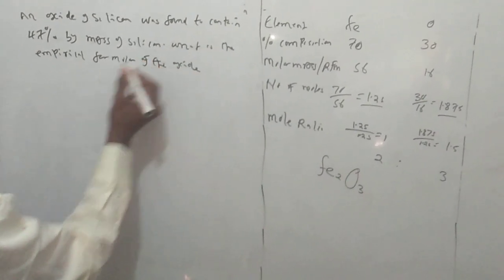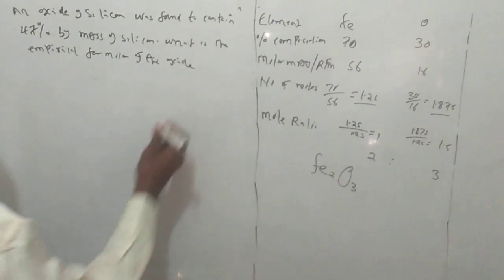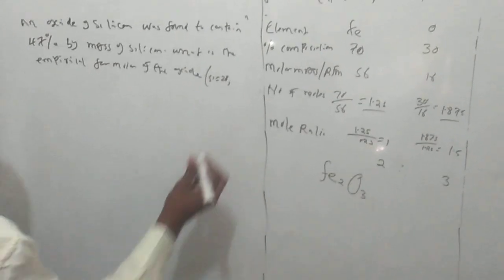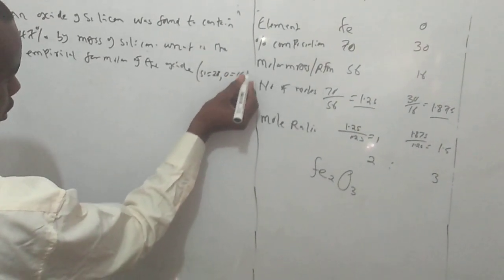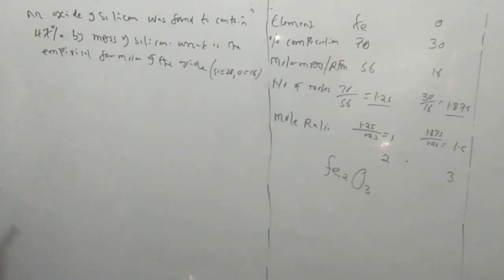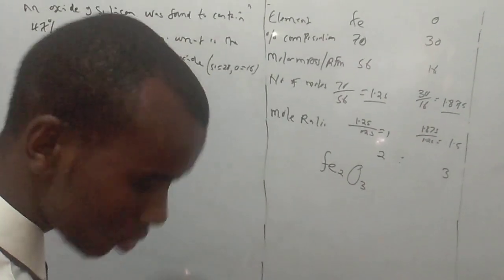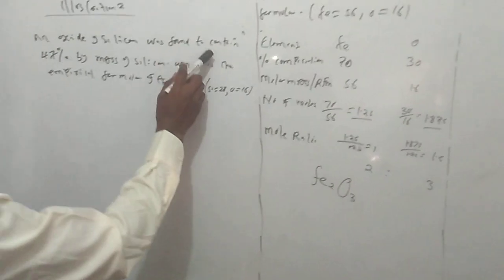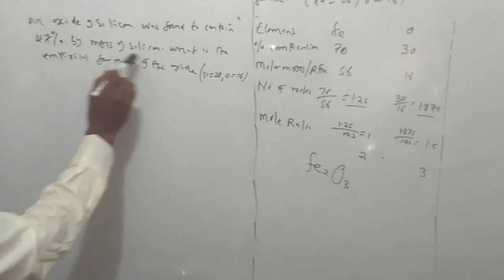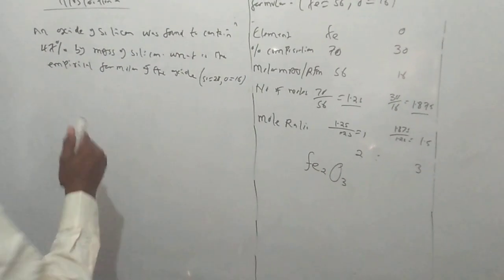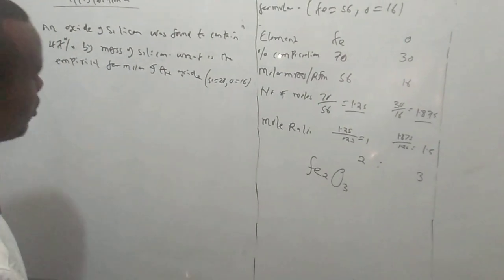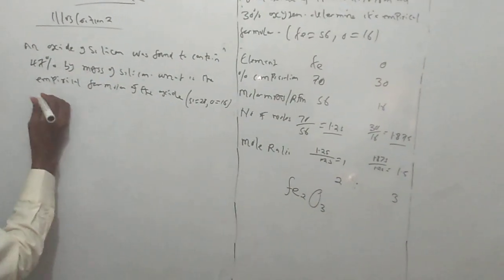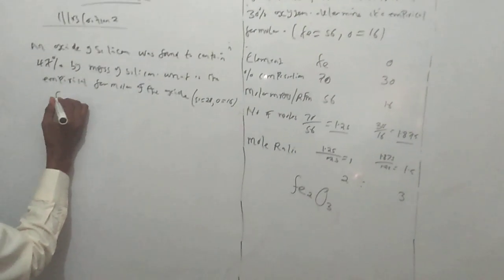We are told Si is equal to 28, O is equal to 16. So an oxide of silicon was found to contain 47% by mass of silicon. What is the empirical formula of the oxide? It means we first start with the element.